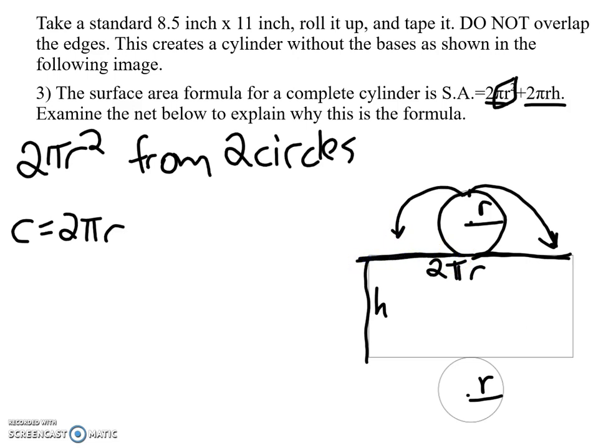So I'm taking the circle and peeling it and laying it in a flat straight line, and that gives me the circumference, which is the length of my rectangle. And then the h, the height, is the side that connects my two bases, which are circles. So 2 pi r squared comes from the area of the two circles, and then the 2 pi r h is because it's the circumference of a circle times the distance between the two bases.